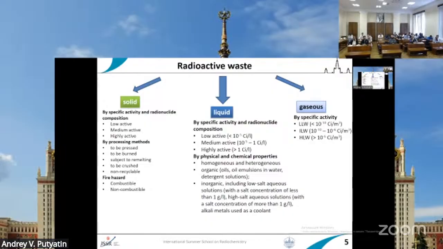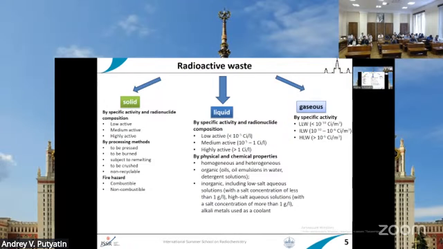For gaseous radioactive waste, there is only one classification by the specific activity. And then again, we can make another sorting by the chemical nature. Are they noble gases, or halogens that can be absorbed by some chemical filters, or nitrogen oxide or carbon oxide, for example, or some other chemical nature.